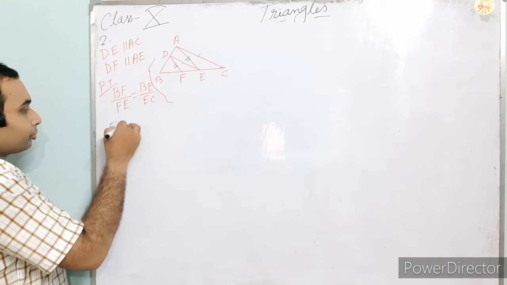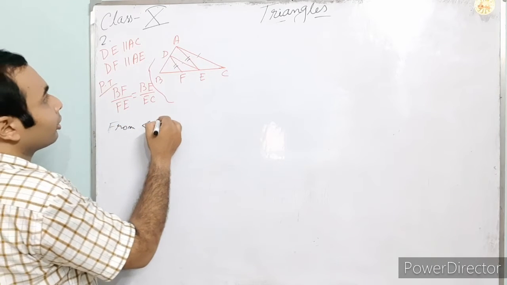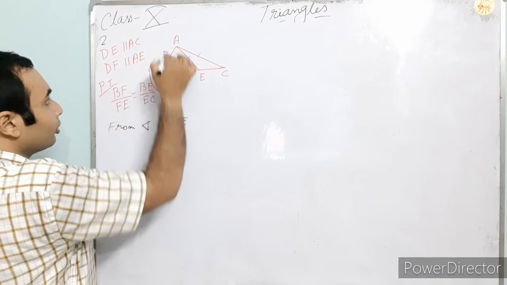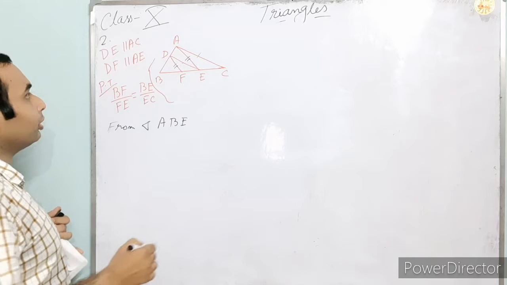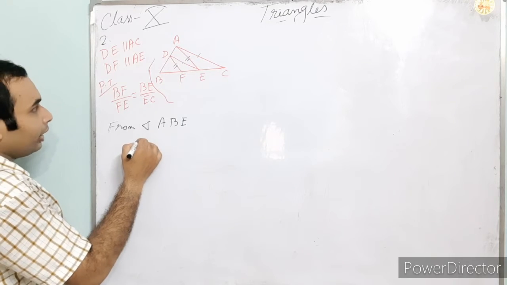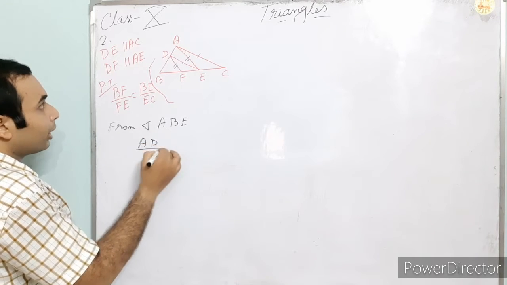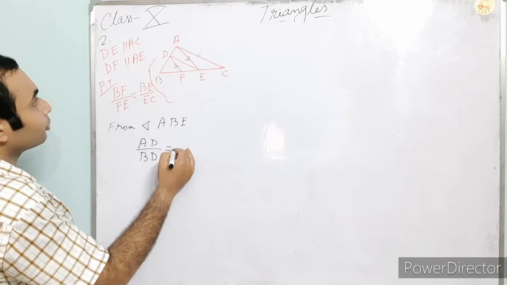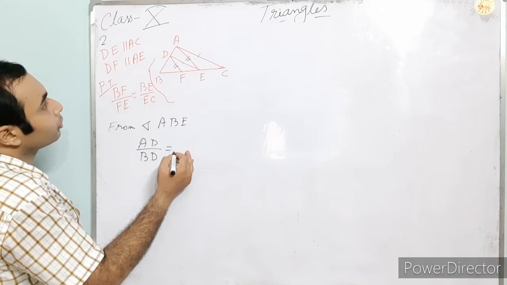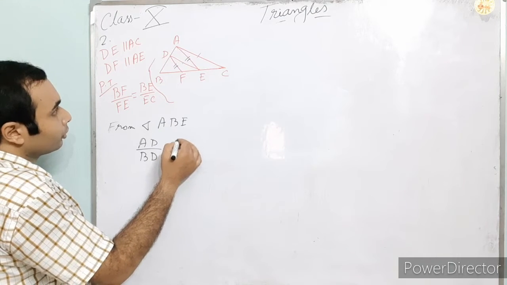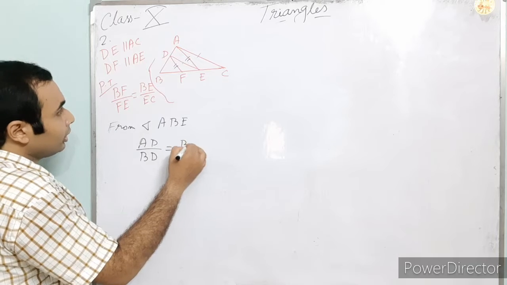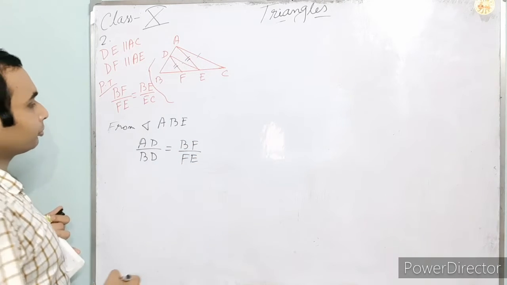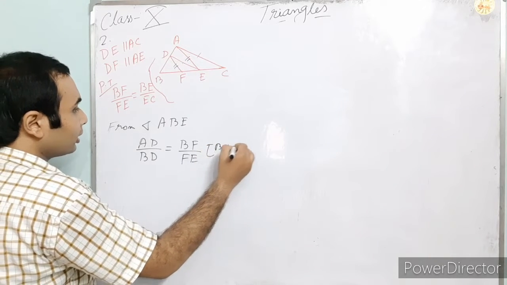From triangle ABE, the small one we are taking, from here we can say AD by BD is equal to BF by FE by Thales theorem.